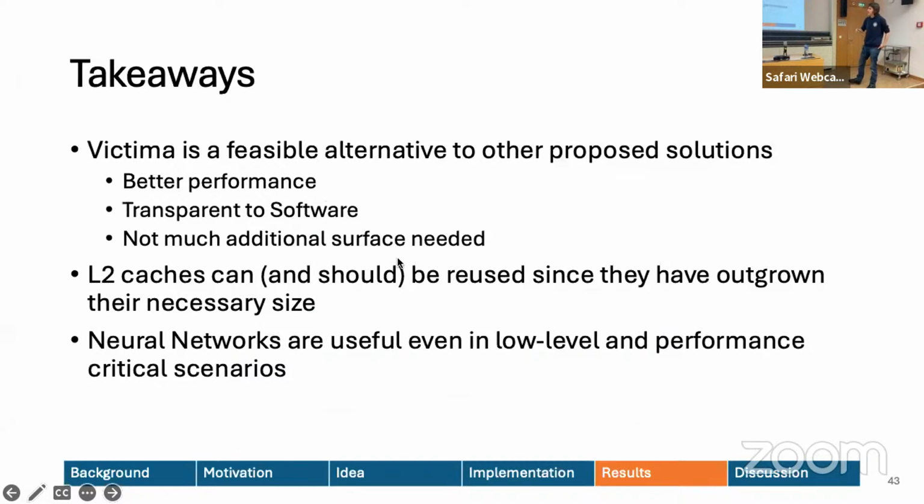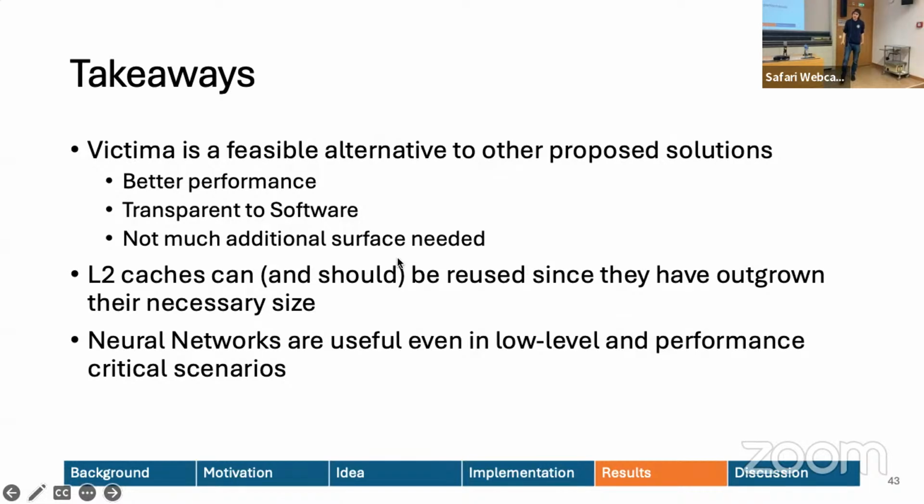The takeaways are that Victima is feasible compared to the other proposed solutions, which are necessary because it's a bottleneck. It has better performance, it's transparent to software, unlike the software managed TLB, and we don't need much additional area.